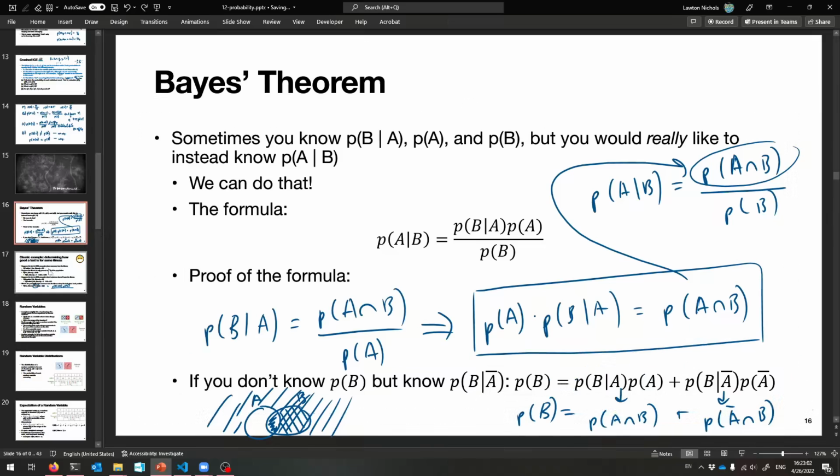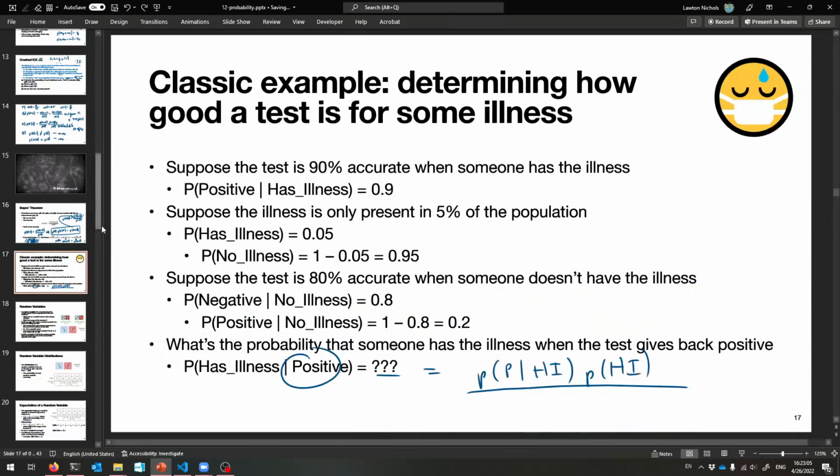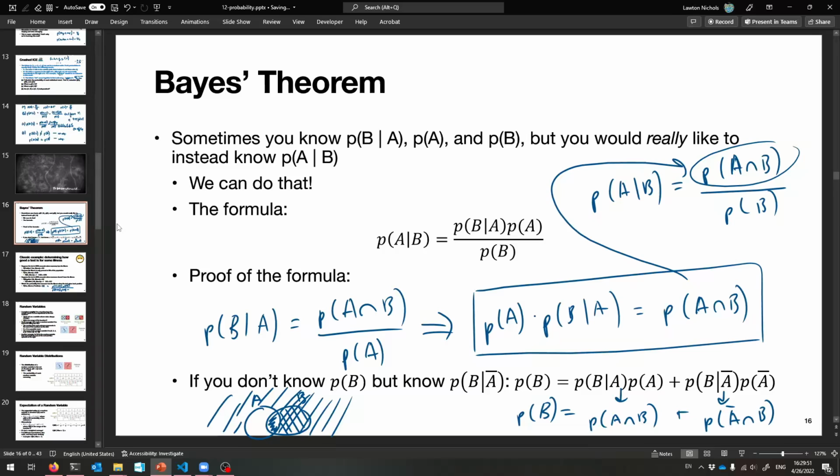So the probability of being positive is going to be the probability of the intersection, which is just this all over again, down here on the bottom now: P given has illness times probability of has illness, plus the probability of that other intersection, B given A bar, which is just everything that we had before on the left, but the opposite.